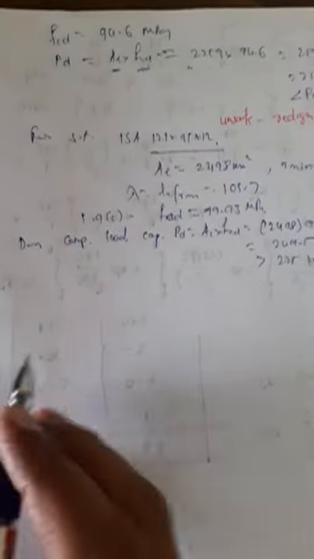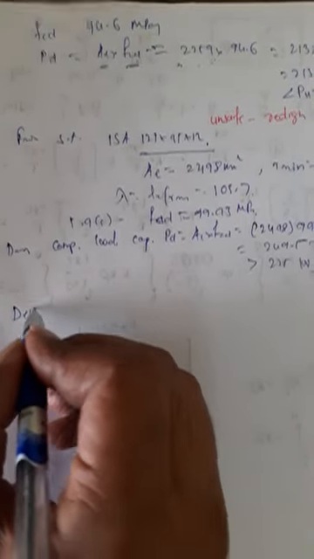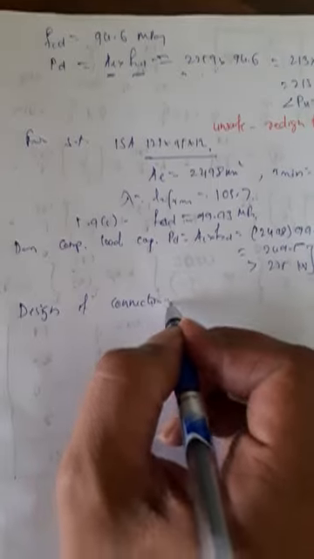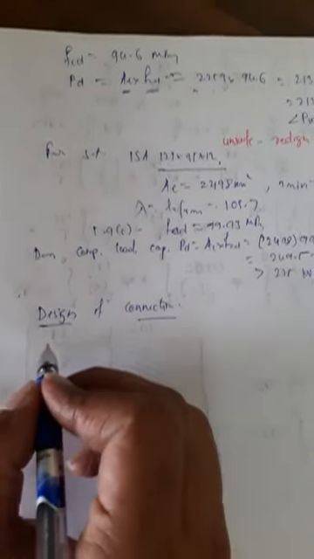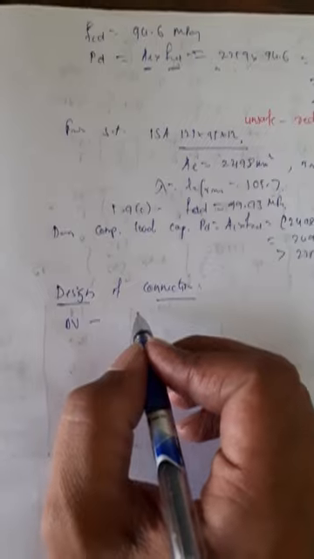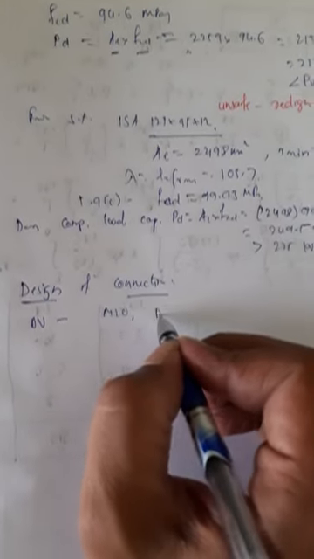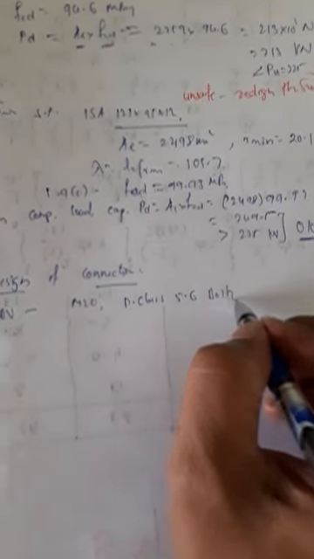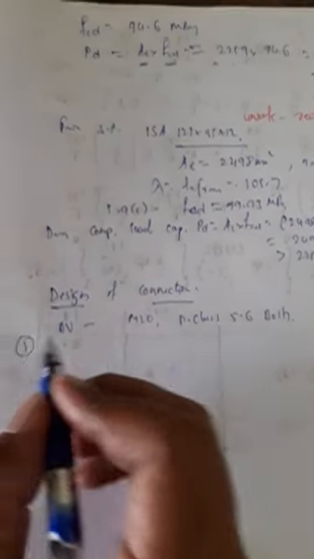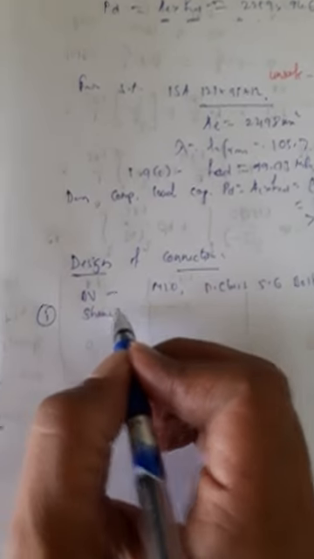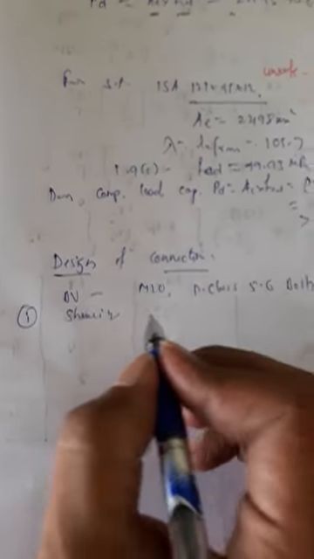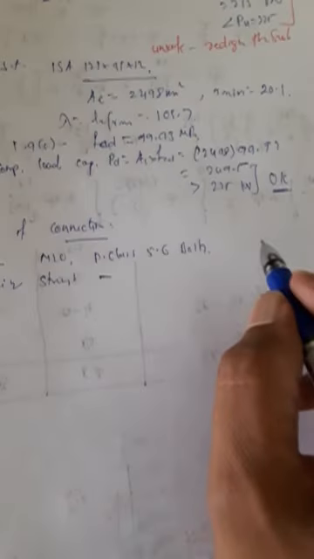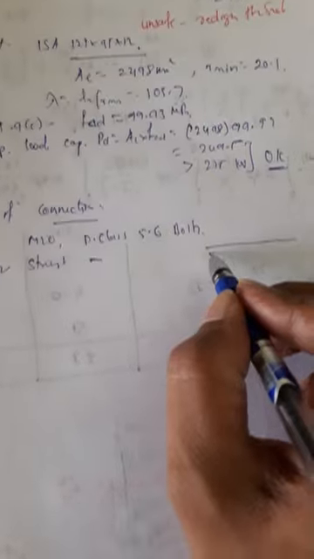Next you need to design the connections. So design of connection is nothing but calculation of bolt value for M20 property class 5.6 bolts. So first, shearing strength of the bolts. Now you are providing an angle like this.